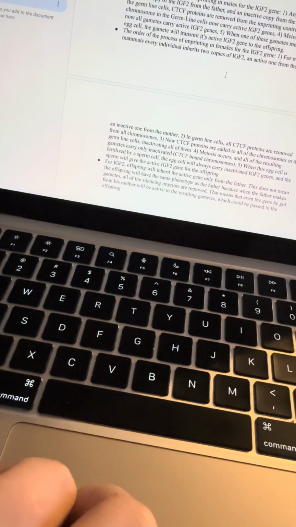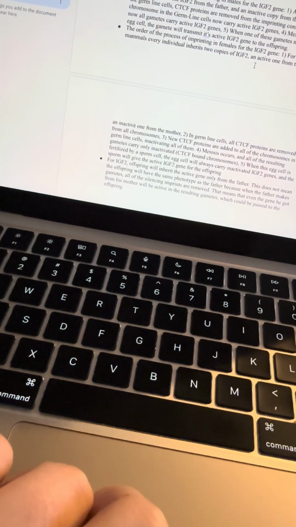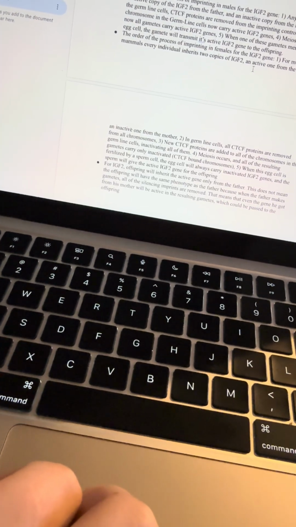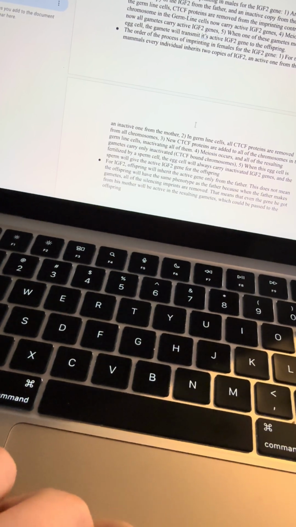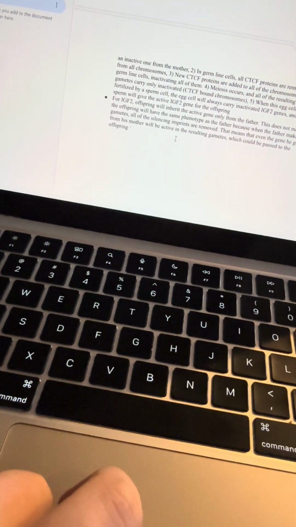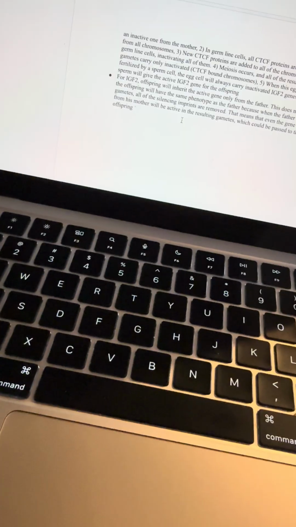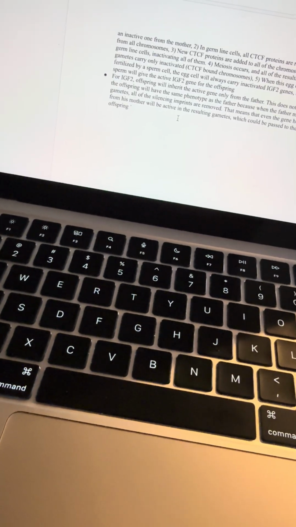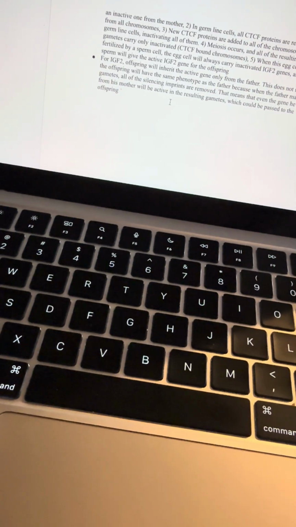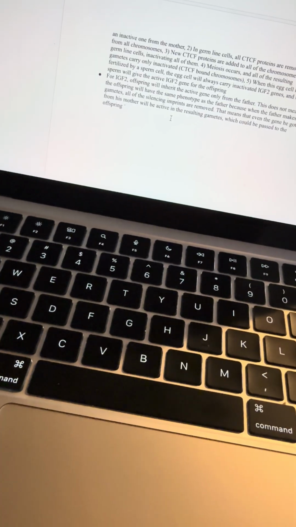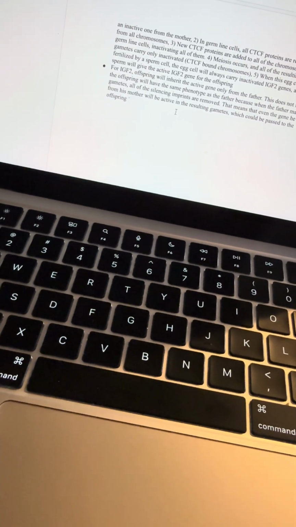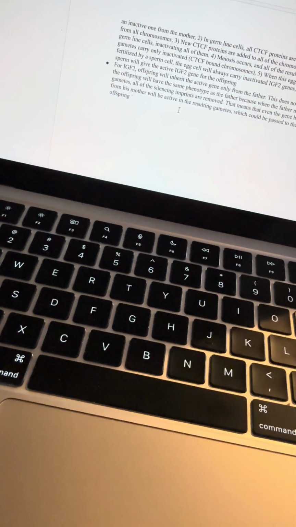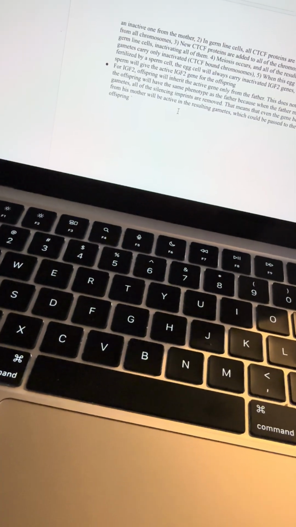The order of the process of imprinting in females for the IGF-2 gene. 1. For most mammals, every individual inherits two copies of IGF-2, an active one from the father and an inactive one from the mother. 2. In germline cells, all CTCF proteins are removed from all chromosomes. 3. New CTCF proteins are added to all the chromosomes in the germline cells, inactivating all of them. 4.